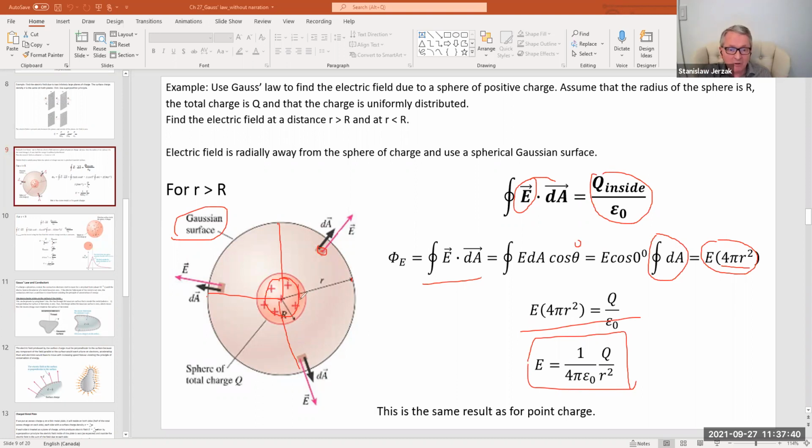If the charge would be only in that spherical shell, as long as that shell has spherical symmetry, then the charge outside of that charge would be still given by this expression. So any type of spherical charge distribution would give me that equation, whether it's volume of charge or spherical shell, that would give the same result, because the total charge inside would be the total charge on that shell, right?